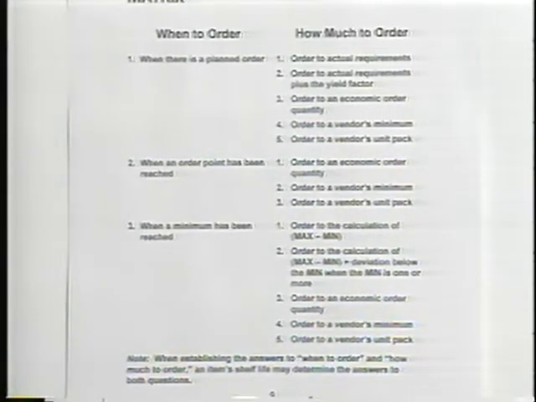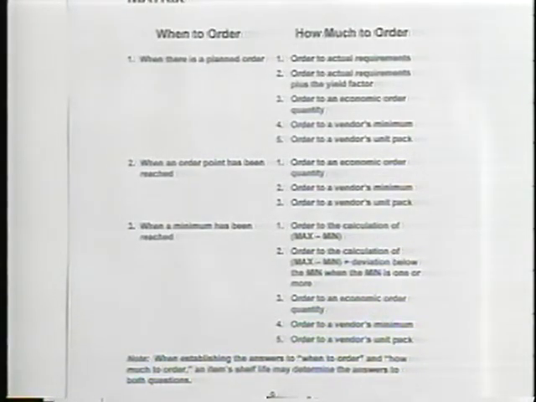Order to an economic order quantity, we refer to that as an EOQ, order to a vendor minimum, or order to a vendor unit pack. Now, looking at the order point answer to when to order, we have 3 answers as to how much. Develop an EOQ, which is 1, 2 is the vendor minimum, and 3 is the vendor unit pack.